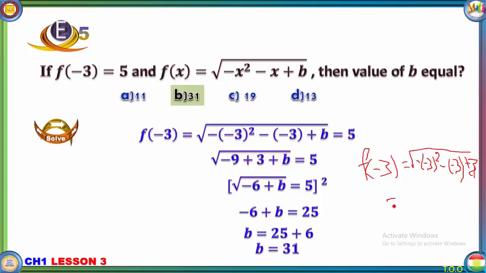It becomes the square root of minus 9 plus 3 plus 31. 31 plus 3 is 34, minus 9 is 25. The square root of 25 is 5. Then the answer is the same result. Therefore, 31 is the correct answer.